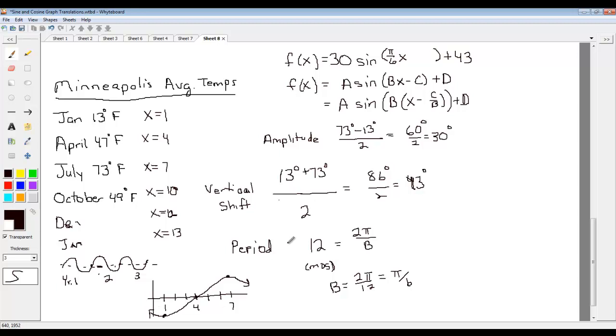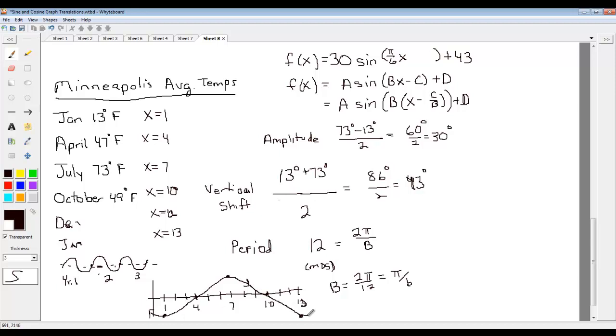Okay. So we've already got our period. We know it has to be 12. Let's see, 8, 9, 10, 11, 12, and 13 will take us back to January. Should be down here.